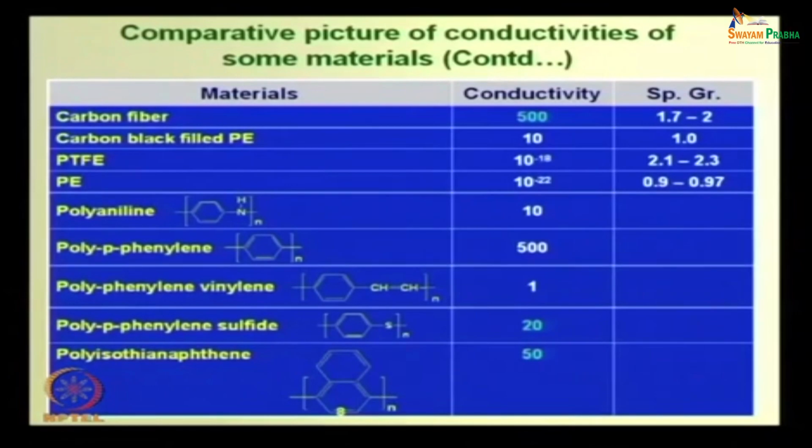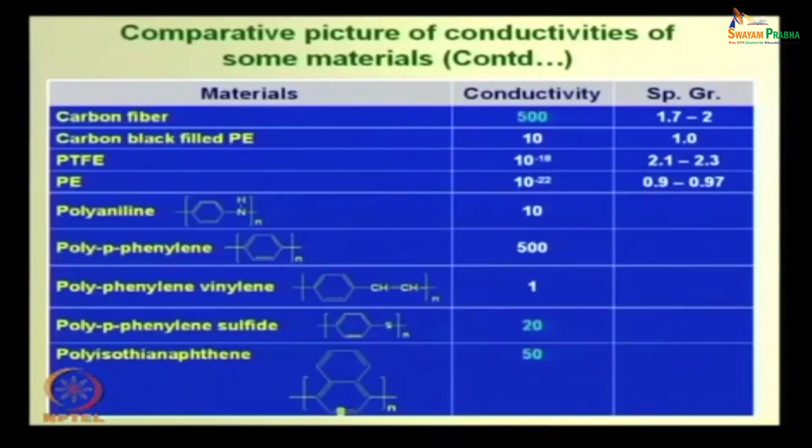Look at polytetrafluoroethylene, it is a perfect conductor or insulator, you can say. Conductivity is almost in the insulator range, 10 to the minus 18 order. Polyethylene 10 to the minus 22. Polyaniline has come up to 10. Okay.